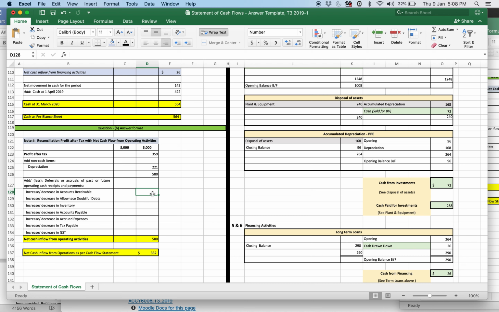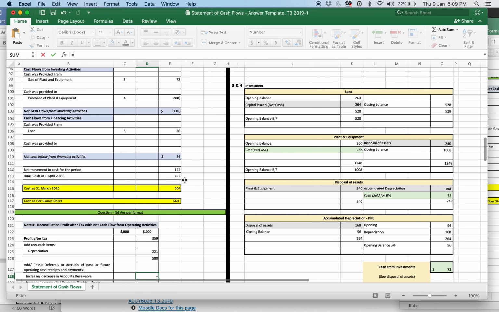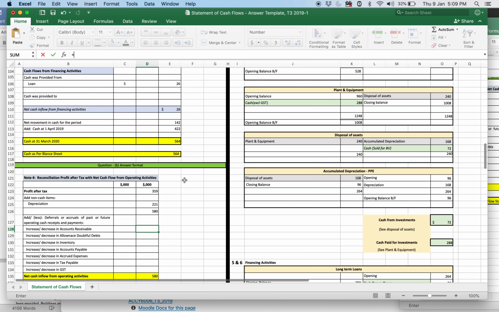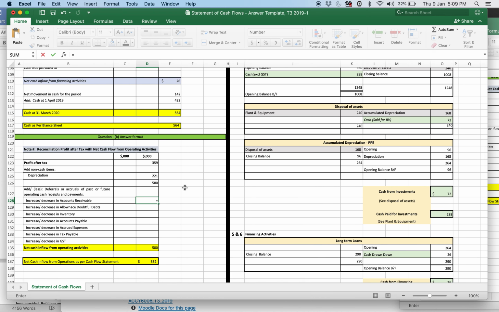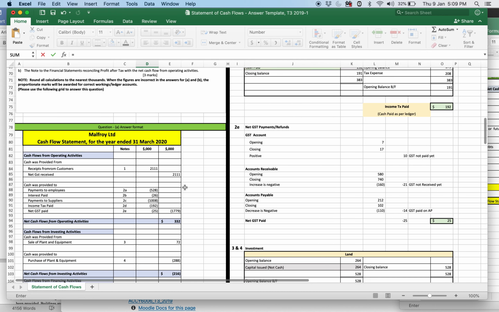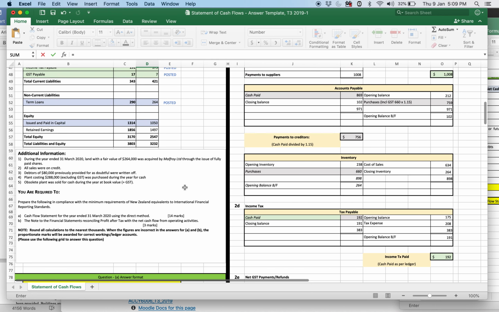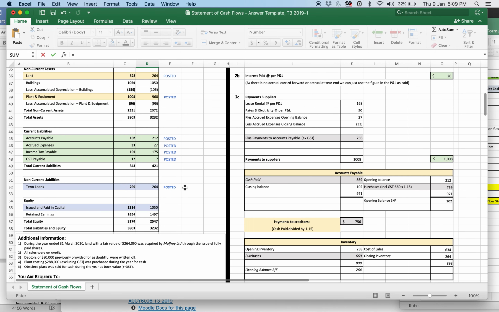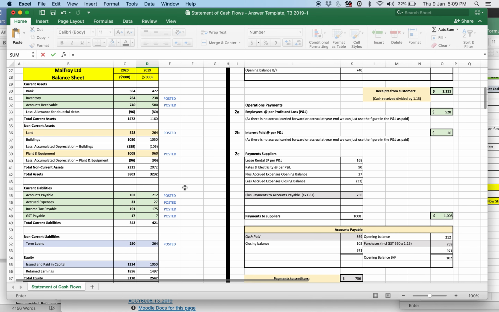If accounts receivable increases, that means we haven't received all of the money from the sales, which is negative. So what we need to look at is the change in accounts receivable, which is opening less the closing, or closing less the opening. I'm going to do it this way around, opening less the closing.